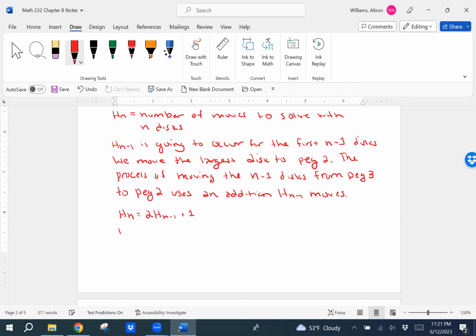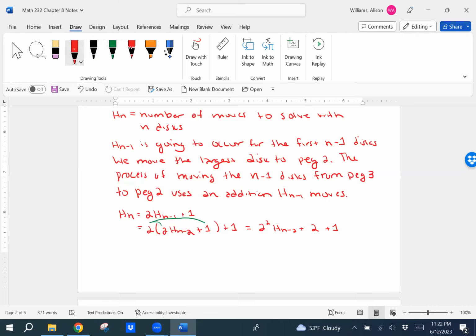H sub n minus 1 here could be obtained by doing 2 times H sub n minus 2 plus 1, which equals 2 squared times H sub n minus 2 plus 2 plus 1. That's from distributing the 2 into the plus 1.